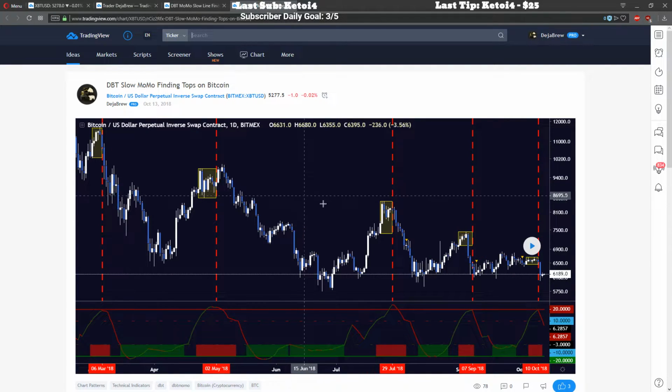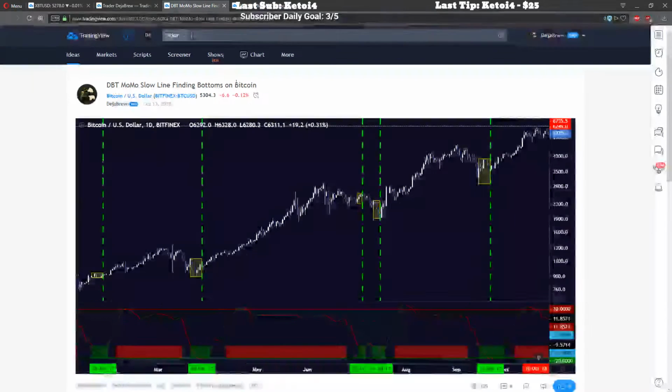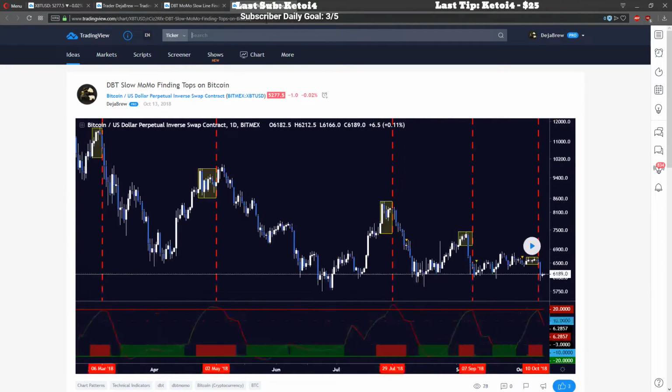This is the tops in 2018. So we see finding bottoms in a bull market, finding tops in a bear market. Because this is what you want to trade. You want to trade with the trend, right? If you're in a bear market, you want to short the highs, and if you're in a bull market, you want to buy the lows, right? So as we can see here, it finds nearly every single top in the 2018 bear market.